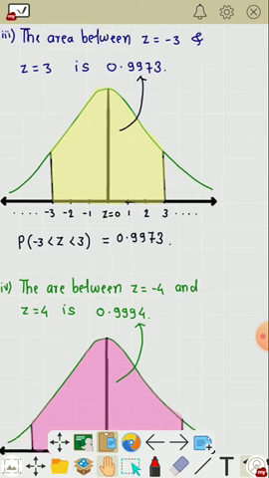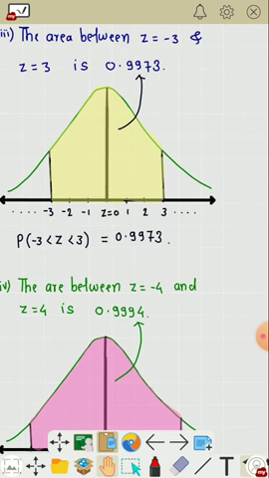So from this information we can find the probability of variable z from 0 to 3, and that probability is exactly half of the probability of z from -3 to 3.